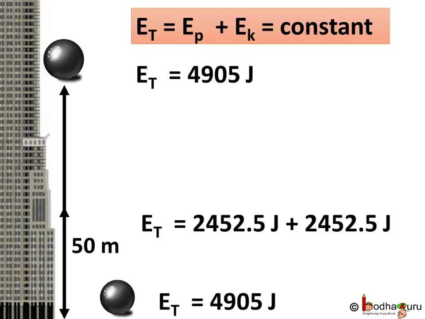And while falling down, say at height 50 meters, the total energy was equal to the sum of potential energy and kinetic energy, which were 2452.5 each, and thus the total energy was 4905 joules. Also, on nearly reaching the ground, it was entirely due to kinetic energy and it was again equal to 4905 joules.